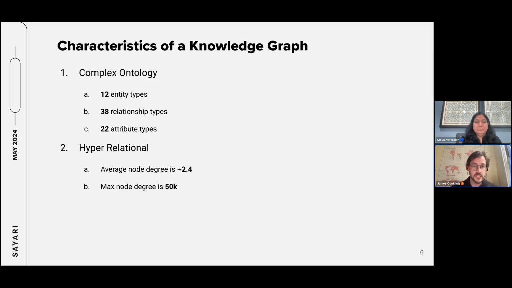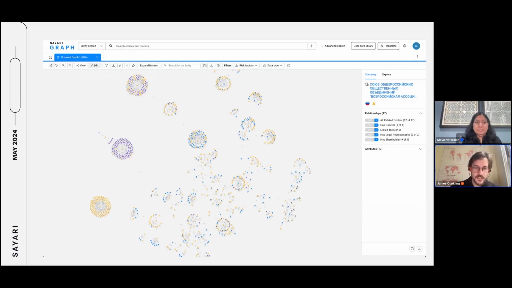So for instance, our average node degree is 2.5, 2 to 3 related entities, but then you get these super nodes all over the place that can easily be 50,000 relationships. And you absolutely see that kind of distribution here. Most entities are just related to a few other entities, and then you have these super nodes. And this leads to some very unique problems in how you go about crafting queries and how you can predict or not predict performance.